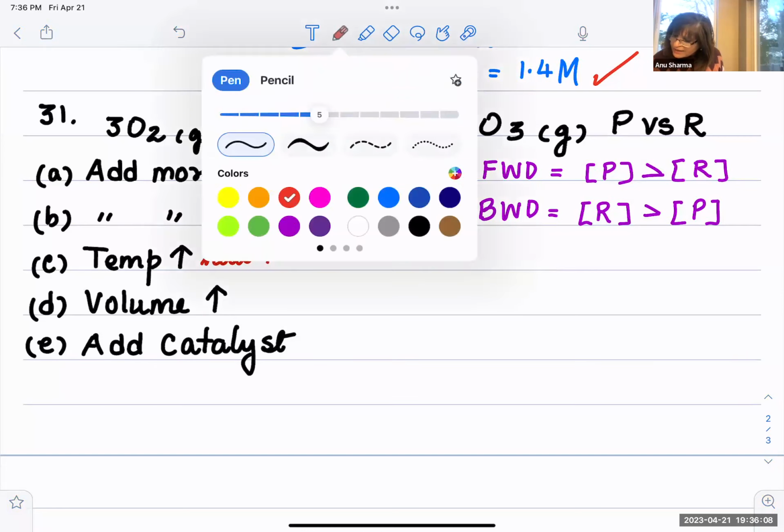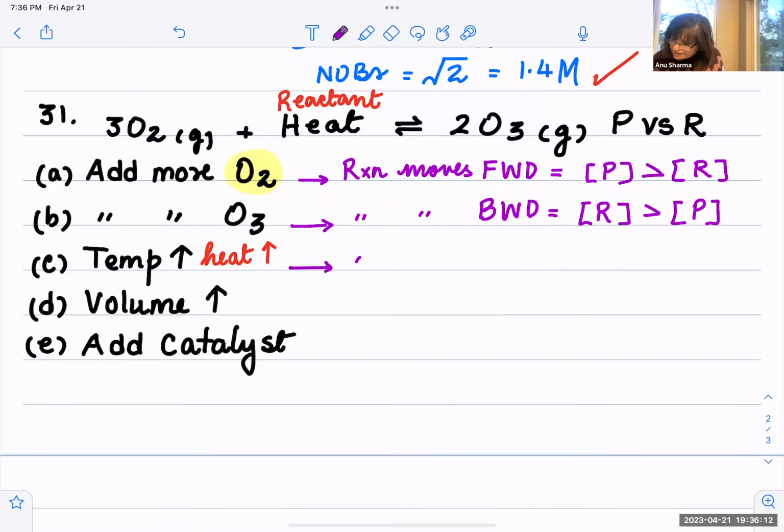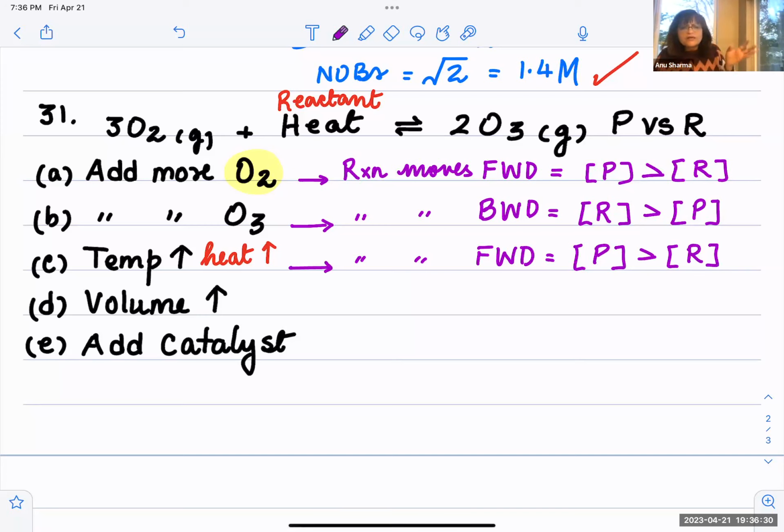So in this case, the reaction will move forward, because wherever the change is applied, the response is in the opposite direction. So we see the reaction moving forward, and in this case, the products will be more than the reactants. So it kind of makes sense.